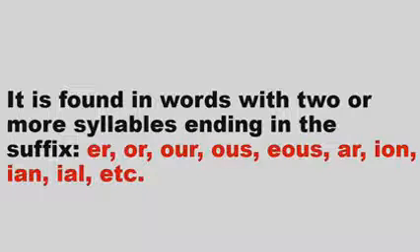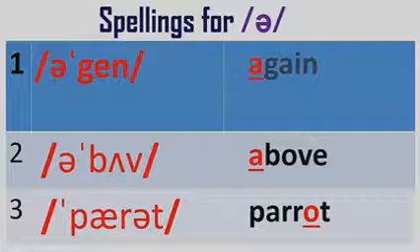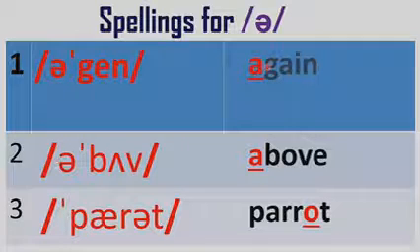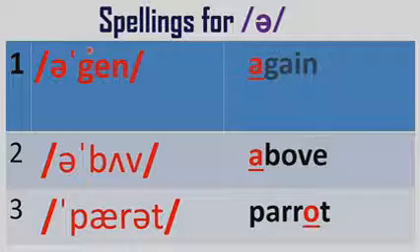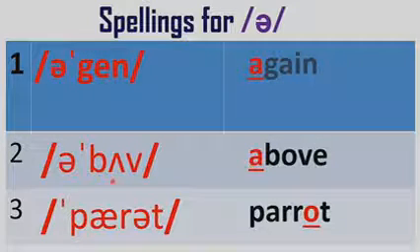Spellings for the schwa. What do you see in number 1? What letter gives you the schwa in number 1? Letter A, and this is pronounced again. Say again, but some will call it again. In number 2, you still have letter A in the word above, and in number 3, you have letter O giving you the schwa.